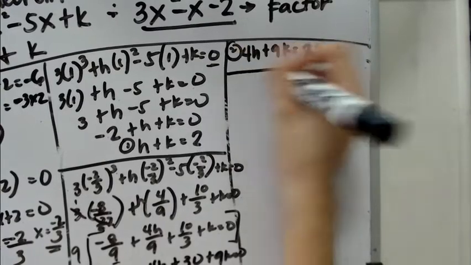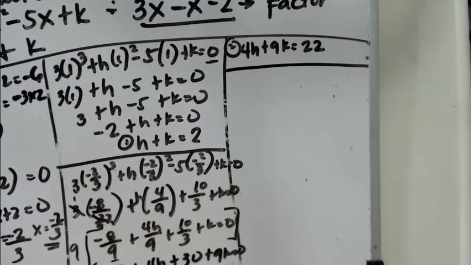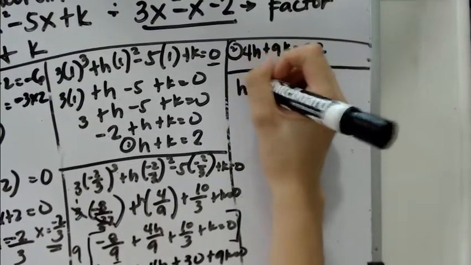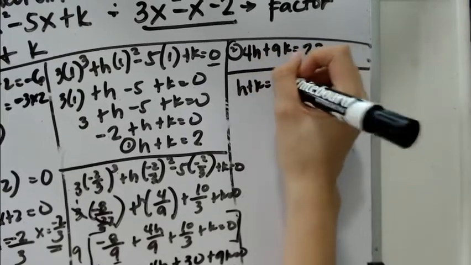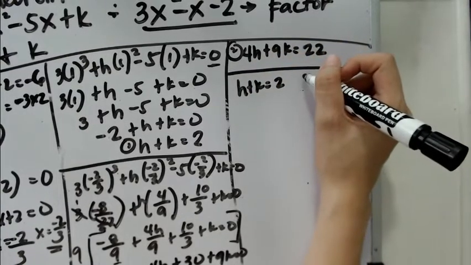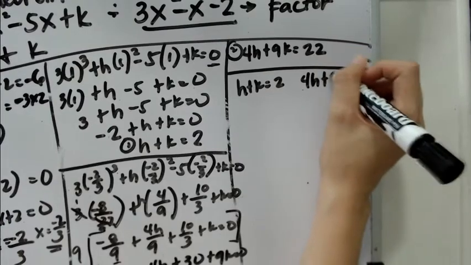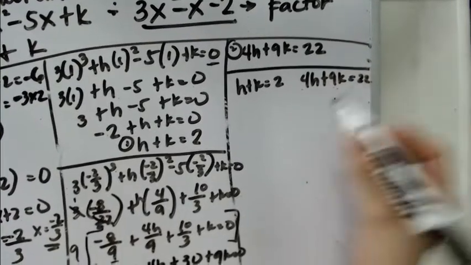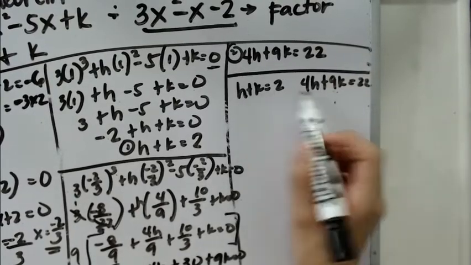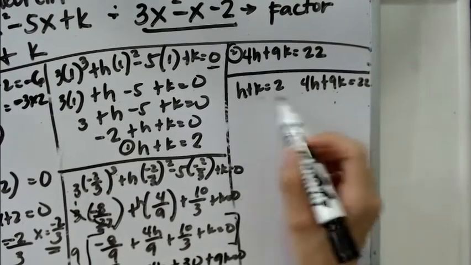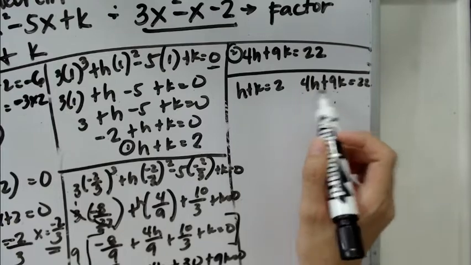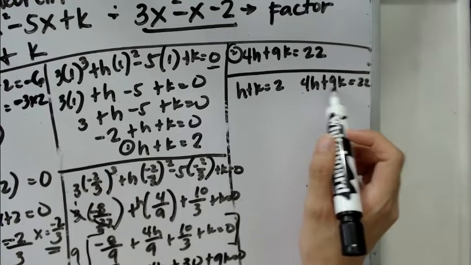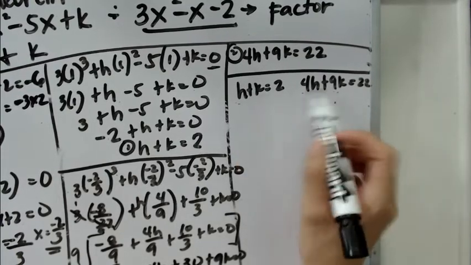And then afterwards, we're going to combine equation 1 and equation 2. For us to be able to eliminate one of the h and k here, we're going to multiply by a number on the second equation. If we want to eliminate h, we need to multiply the first equation by negative 4. If we want to eliminate k, we are going to multiply by negative 9.